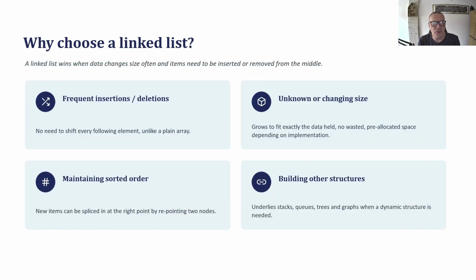So where would you choose a linked list? If your data size is changing quite a lot and it's unpredictable as to how big or small you need it to be, then linked lists are a good choice if you can implement them with memory locations. If you're frequently inserting and deleting items, then it's more efficient because you don't have to move the data around like you would with something like an array.